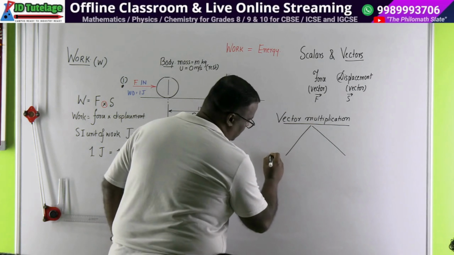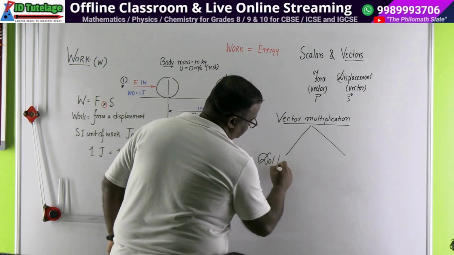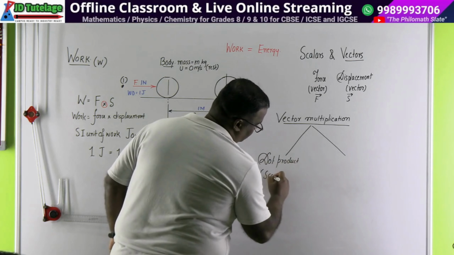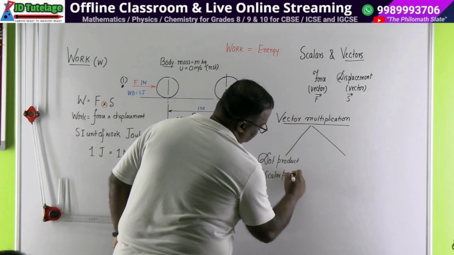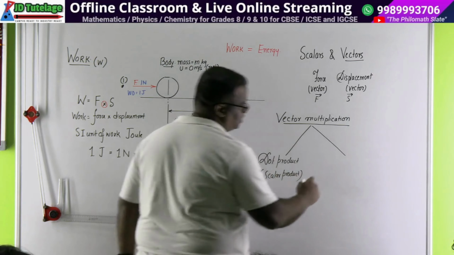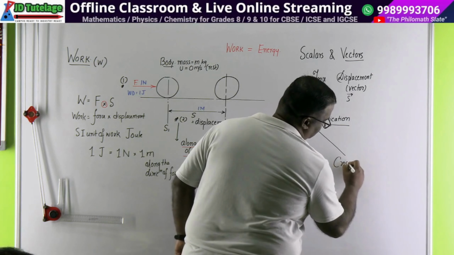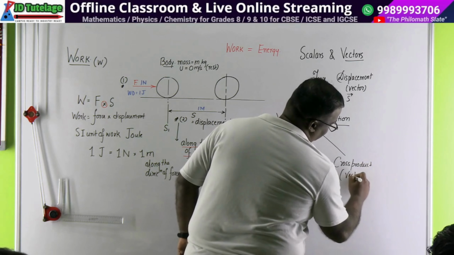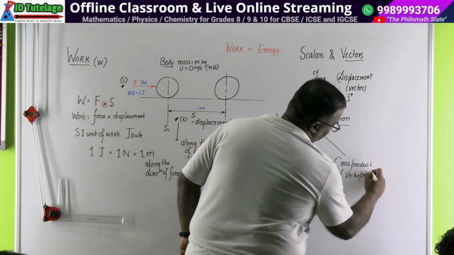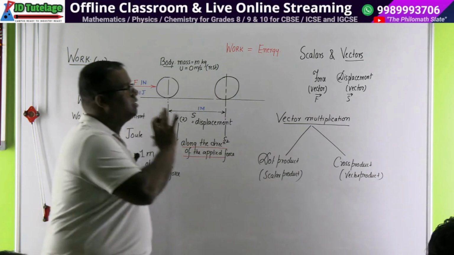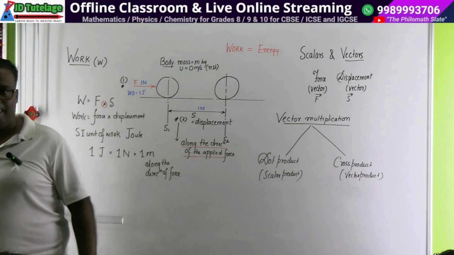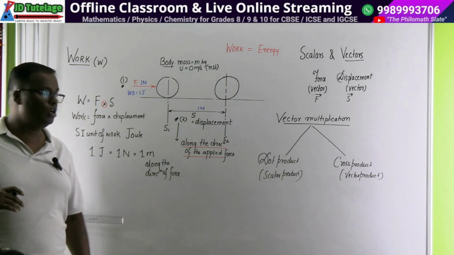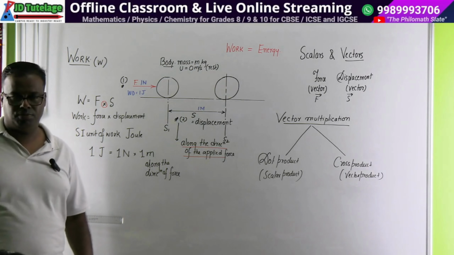The first type of multiplication is known as dot product, also known as scalar product. And the second type of multiplication is known as cross product, also known as vector product. देखो भाई, इतना तक लिखो और अपने आप को पूछो यहाँ तक have you understood the flow chart or not? Okay, vector multiplications are of two types: dot product and vector product, right?